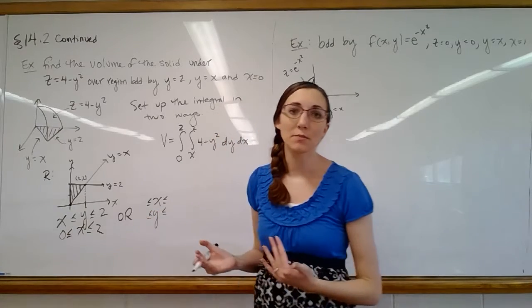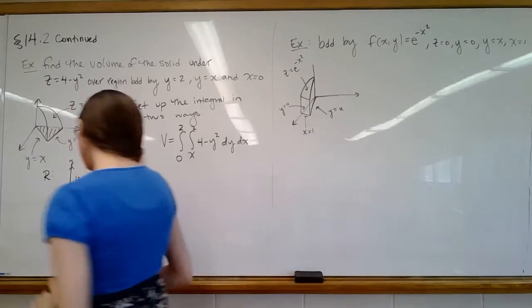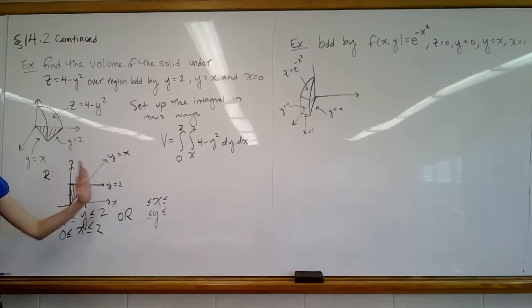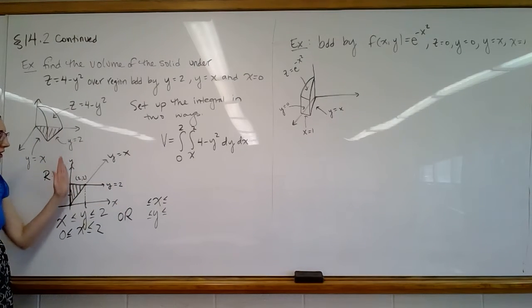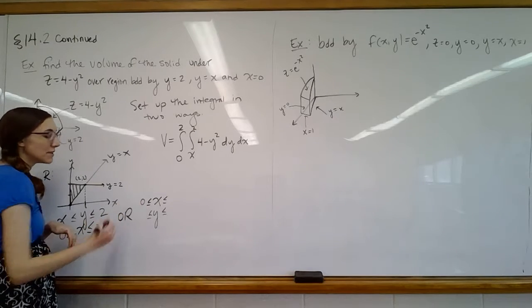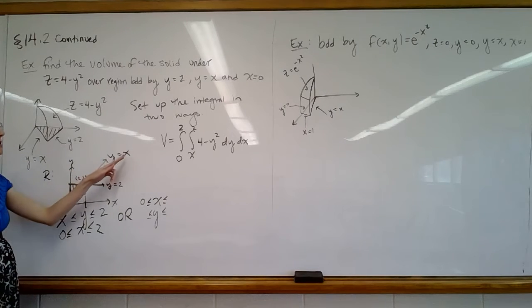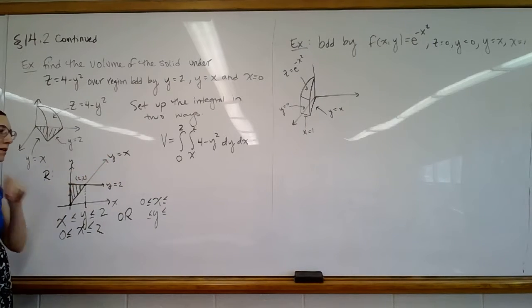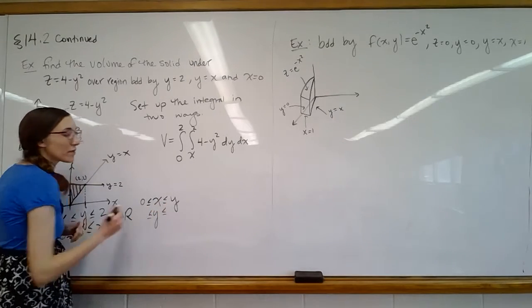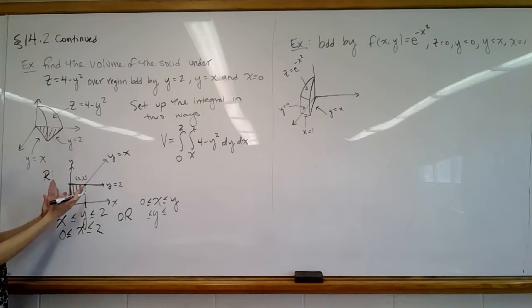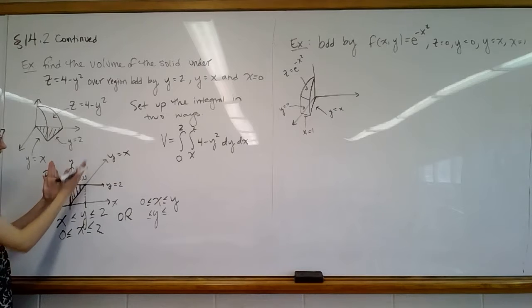So if I look at this in terms of right curve, left curve, well, moving left to right, the region really starts with this vertical line right here, which if we think about as a function of x, that's the line x equals 0. And then it comes over to the slanted line, which is x equals y. So really, x goes from 0 to y, from this line to this line.